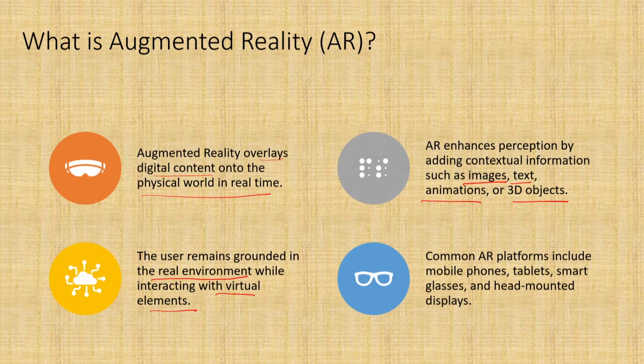So, there are many common AR platforms and you might have come across some, especially if you have played the game which I mentioned earlier, which was Pokemon Go. So, these could be mobile phones, could be tablets, could be smart glasses, or it could be even HMDs or head mounted displays. So, various AR platforms may be used.